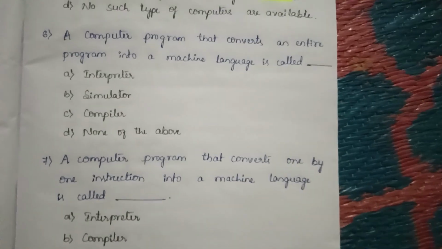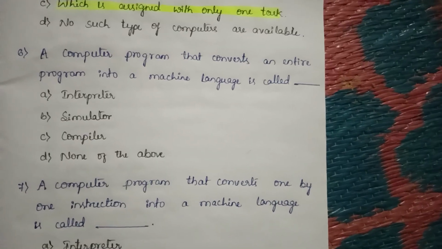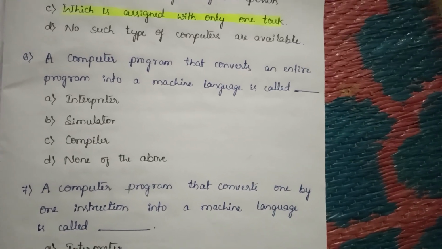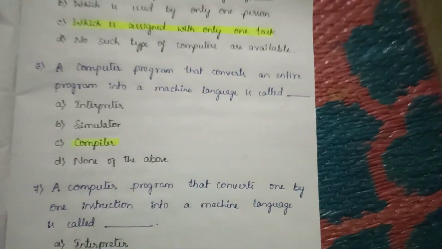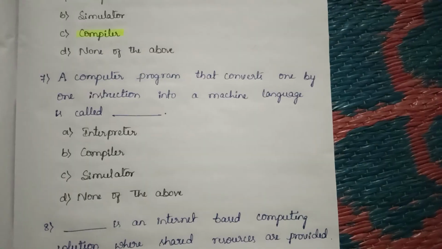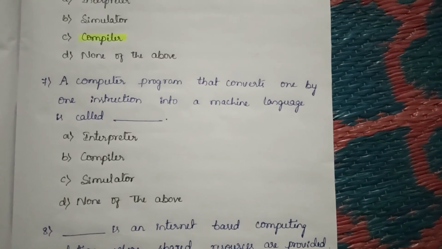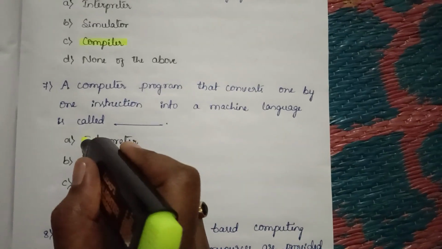Next question. A computer program that converts an entire program into a machine language is called as compiler. Next question. A computer program that converts one by one instruction into a machine language is called as interpreter.